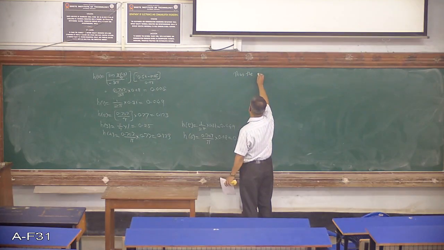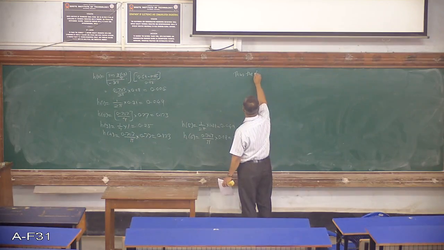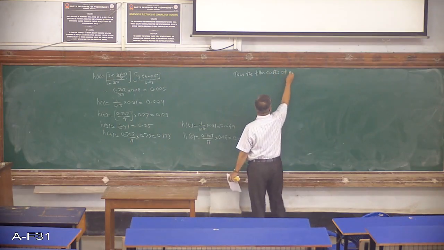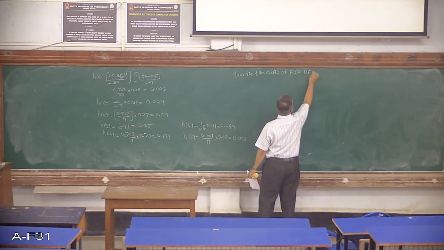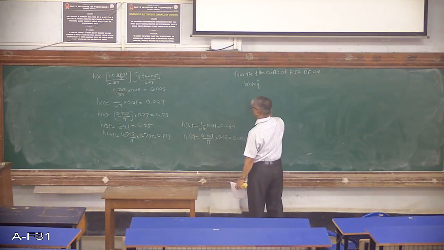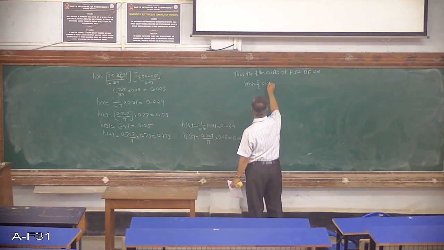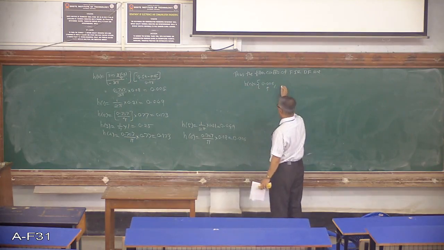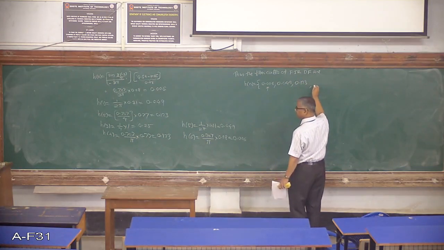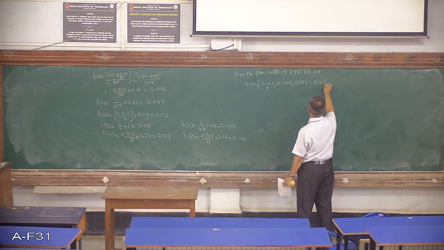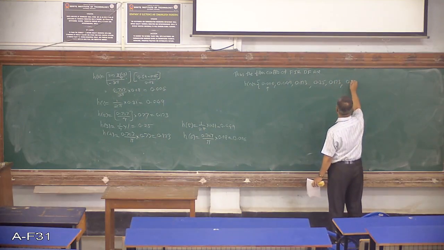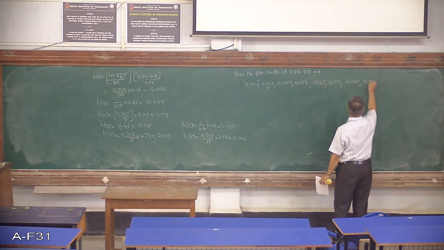Thus the filter coefficients of the FIR digital filter are H of n is equal to, H0 is 0.006, put an arrow here, H of 1 is 0.049, then 0.173, then 0.25, then again 0.173, then 0.049 and 0.006.